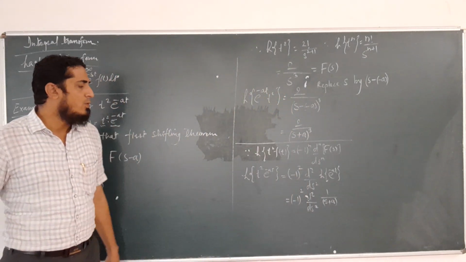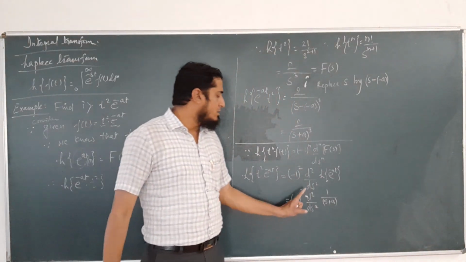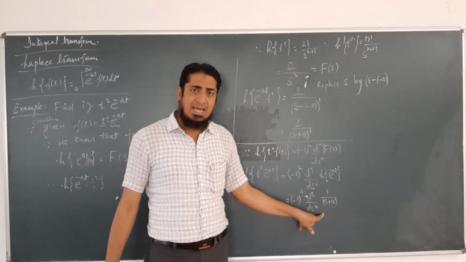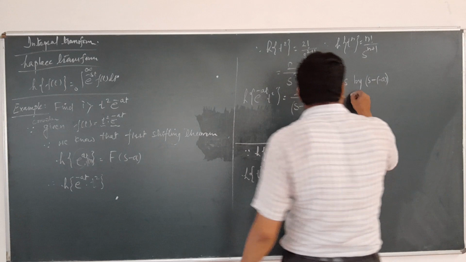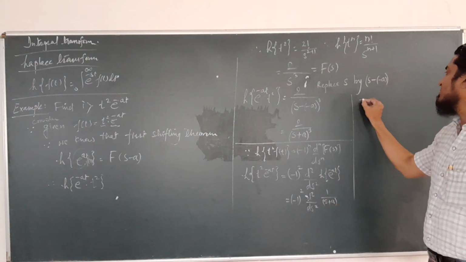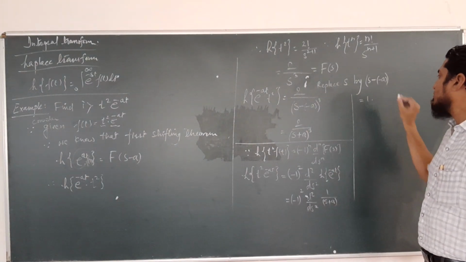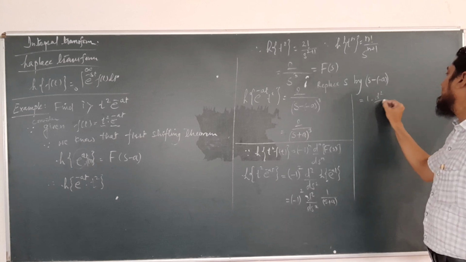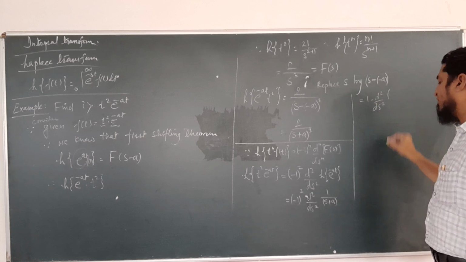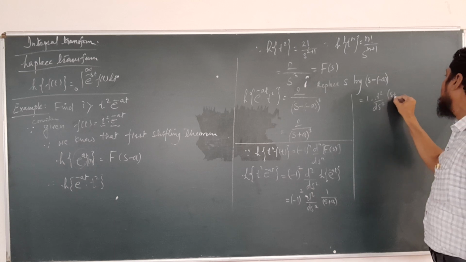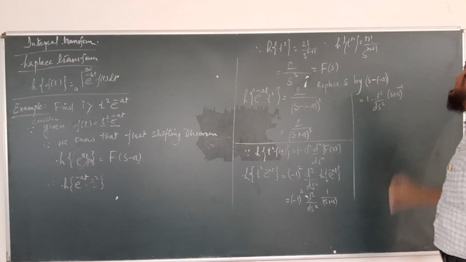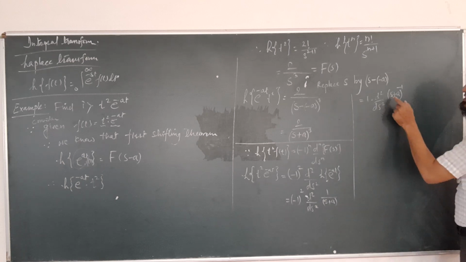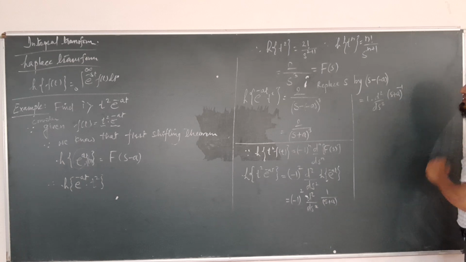We have (minus 1) square d square by ds square of 1 upon s plus a, and (minus 1) square becomes 1, so there is no need to write 1, into d square by ds square of (s plus a) raised to minus 1. We have to differentiate this (s plus a) raised to minus 1 two times.